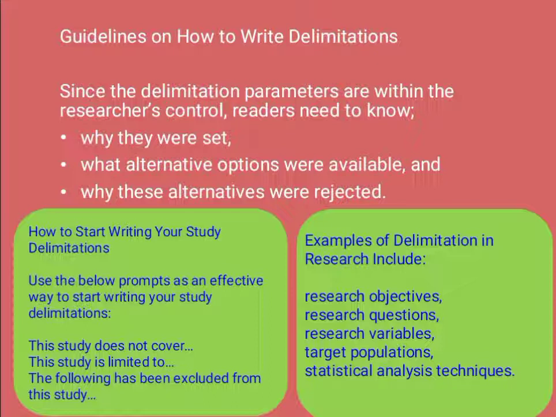"The following has been excluded from this study." So examples of the delimitations in research include the research objective, the research question, the research variables, the research population, and the statistical analysis techniques.